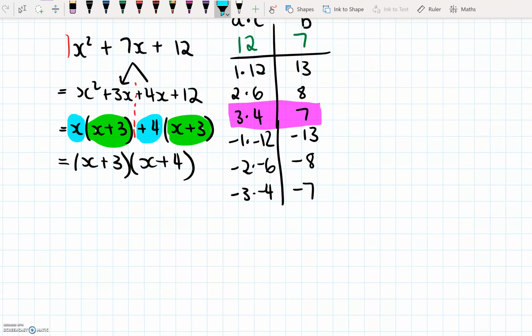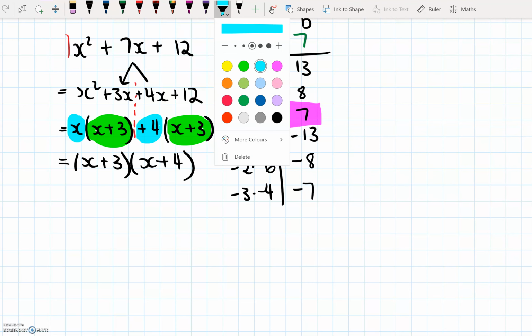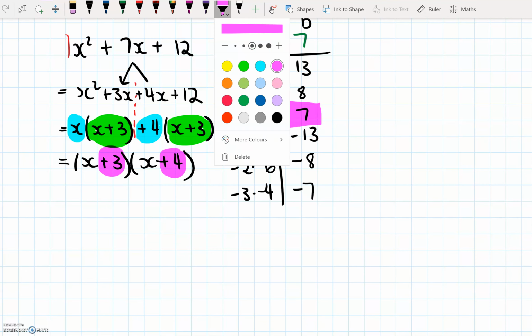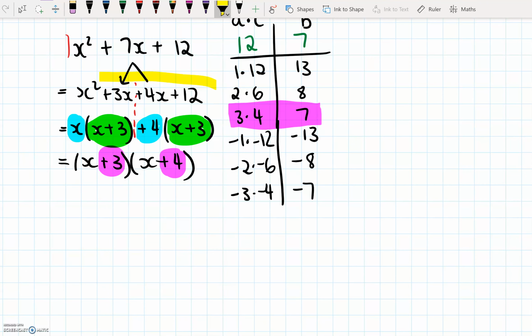Okay, so back up here we picked 3 and 4. Now what you might notice is this number here and this number here. Okay, that's 3 and 4. All right, so actually you no longer need to do these two middle steps if you don't want to. Okay, if you've identified those two numbers, you can go straight to the final answer.